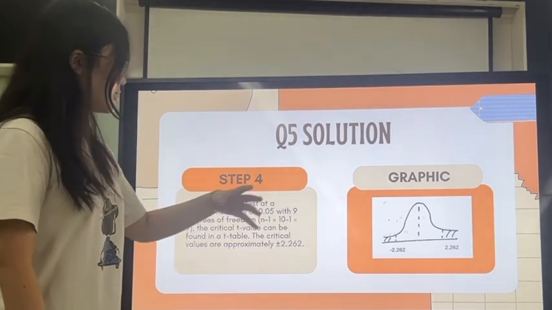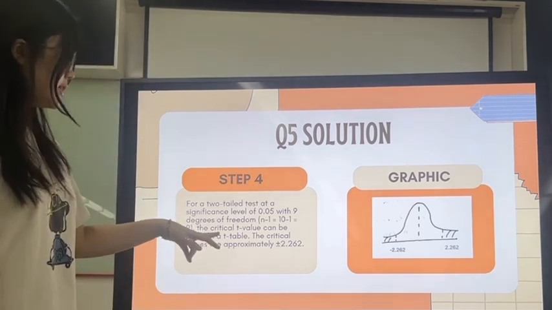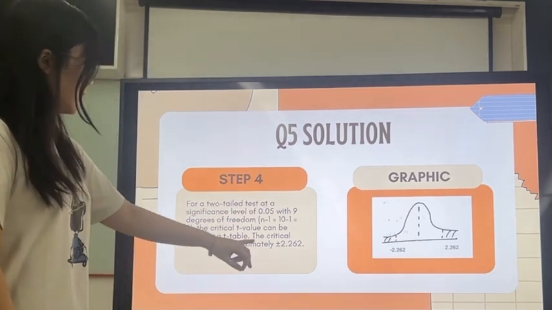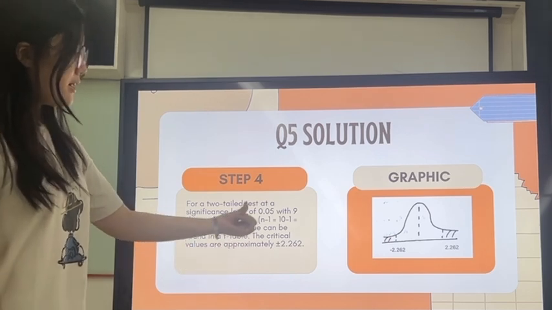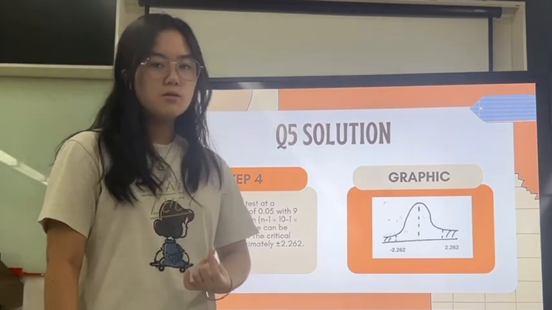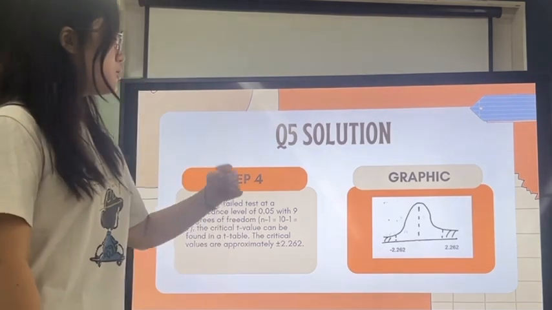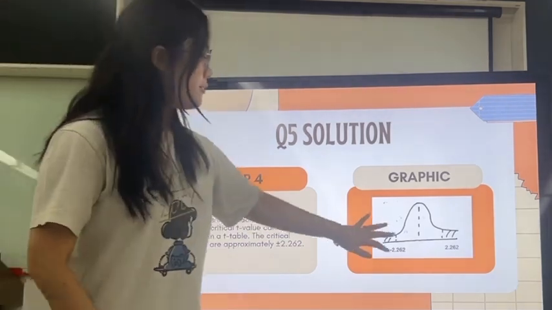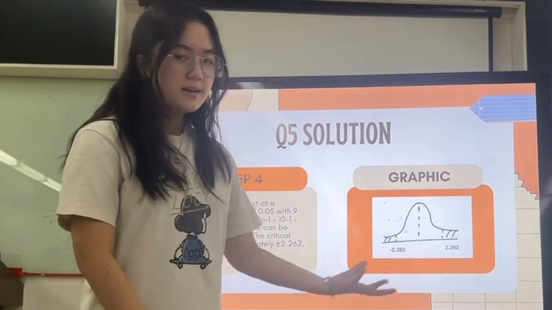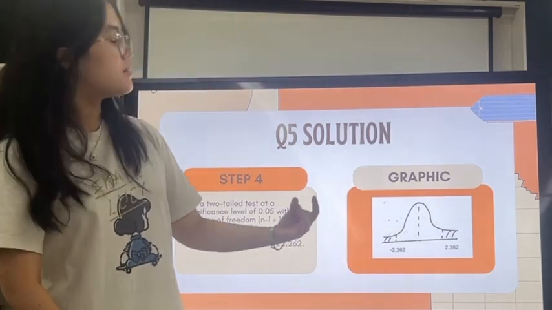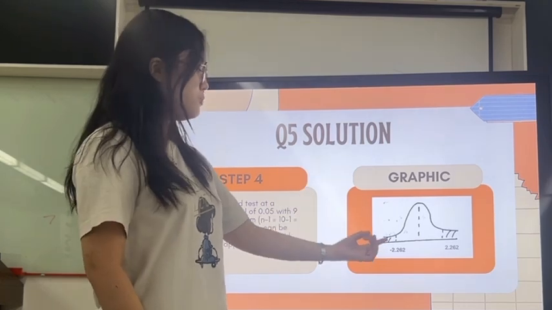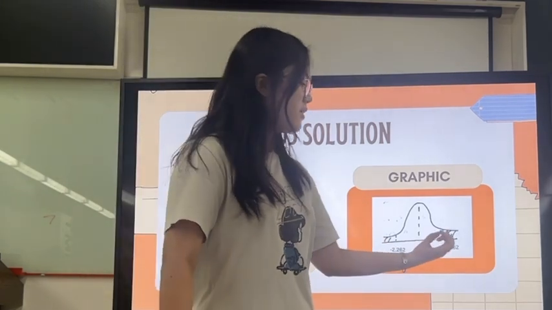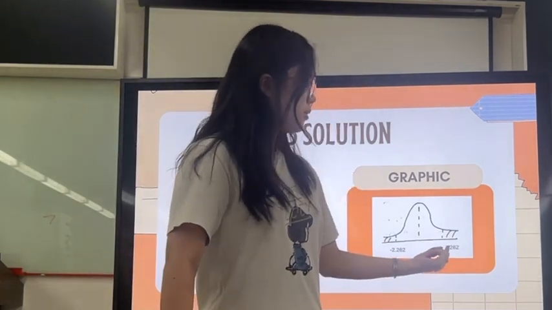So the critical t value can be found in a t table. Okay, and the critical values are approximately minus 2.262 or 2.262. So this is the graphic. So we're gonna reject the null hypothesis if it is less than minus 2.262 or greater than 2.262.